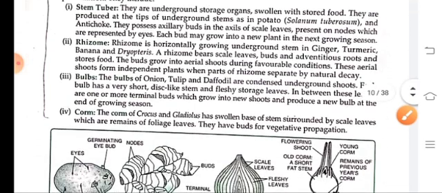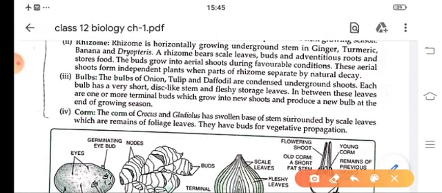Then what are bulbs? As you see, bulbs of onion, tulip and daffodil are condensed underground shoots, children. Now these bulbs have a very short disc-like stem, and they are also fleshy in nature because of the food in it. And in between these leaves, one or more terminal buds are there which grow into a new plant.